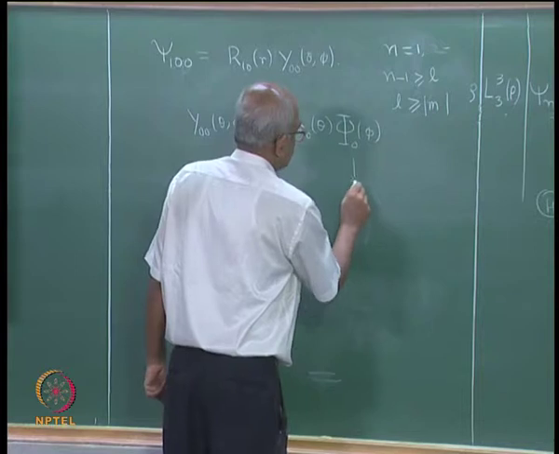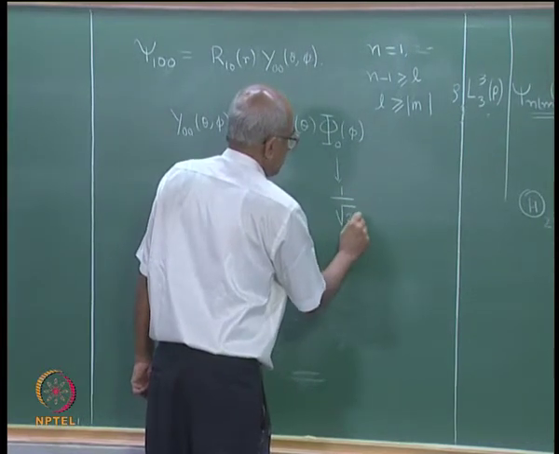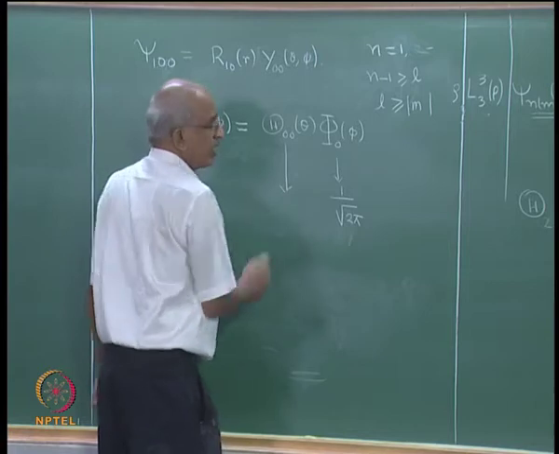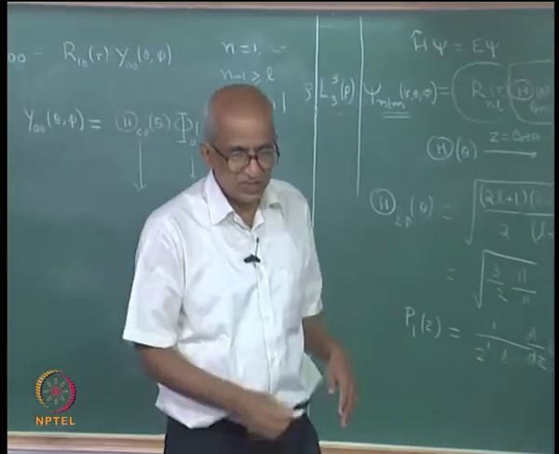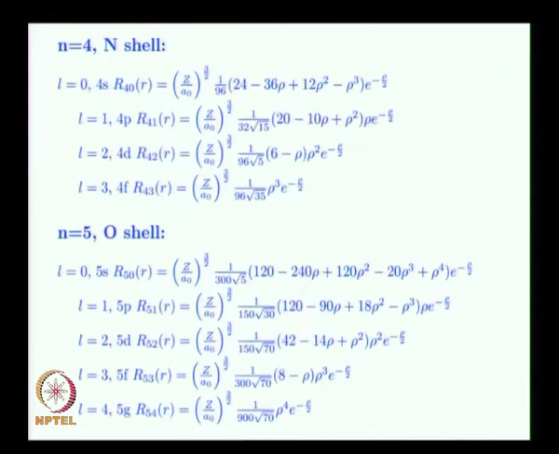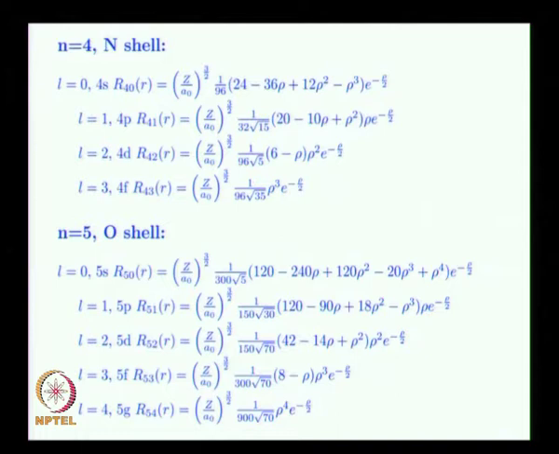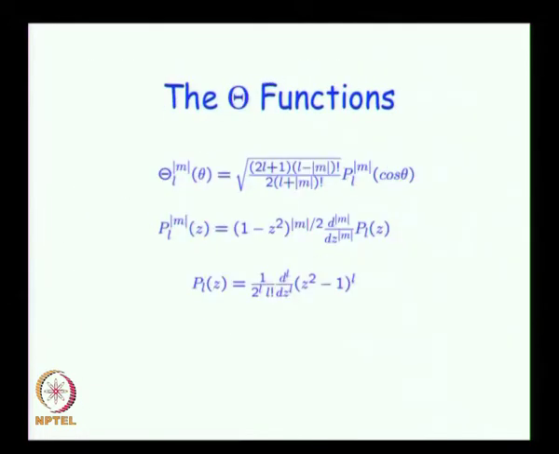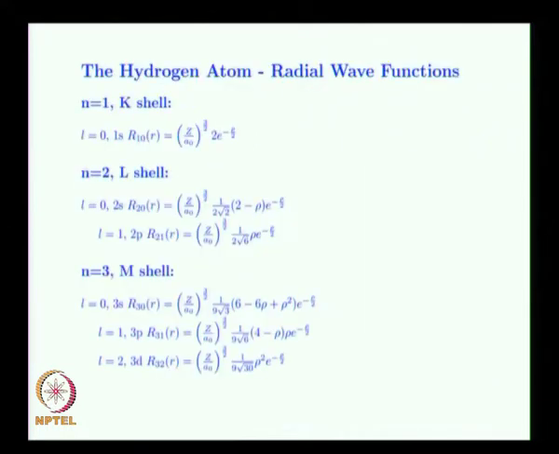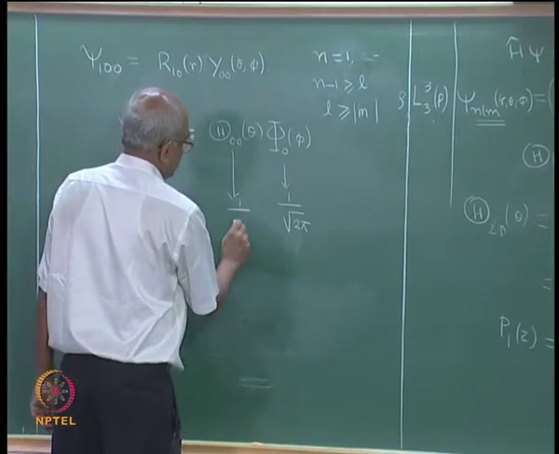Its value is 1 by square root of 2 pi, and this one I hope I have it in my tables, which we will make use of. Okay. Well, it is not given separately. All that happens is that theta 00 is just 1 by root 2.